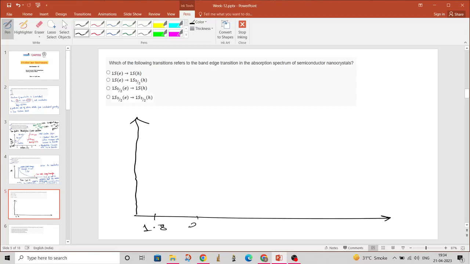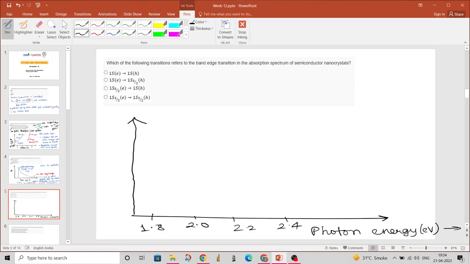The x-axis is photon energy in electron volts, and here is the absorption in arbitrary units.